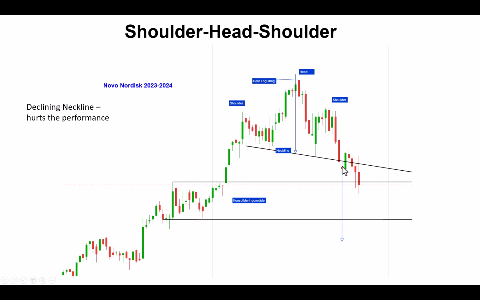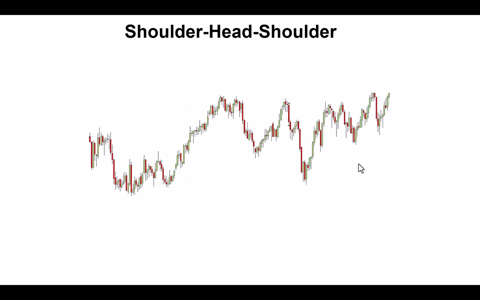You see the distance from here, subtracting from the breakout price, and it pulled back a little bit, but then it continued lower. I don't think it will move much lower, but that's a different story. We have some really strong support levels down here, and since we have a downward sloping neckline, it will hurt the performance.